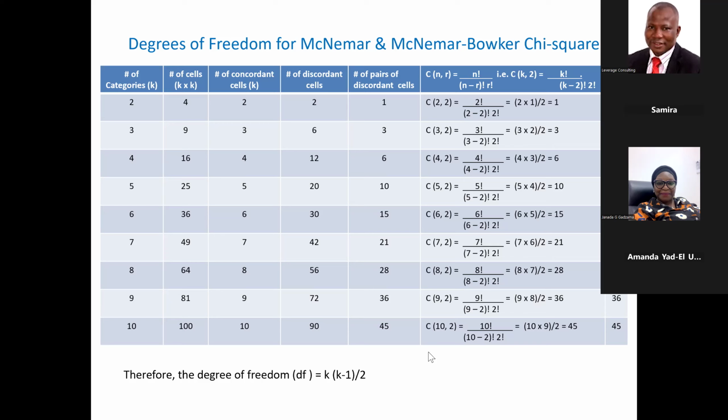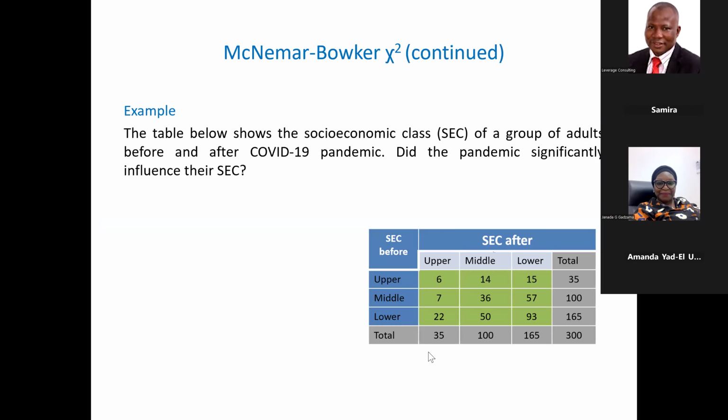So let me give you an example of the table now. Socioeconomic class before is along the row. Socioeconomic class after is along the column. Before, you have upper, middle, lower. After, you have upper, middle, lower. So the green cells are the number of cells. How many? 9. 3 times 3, 9.